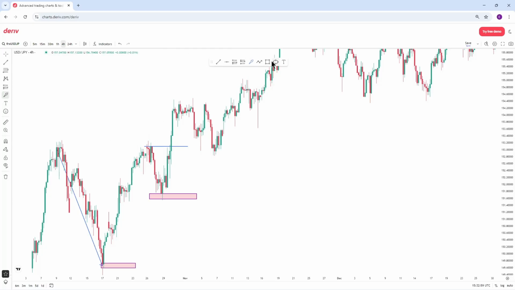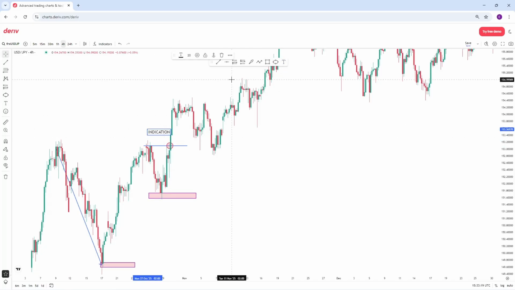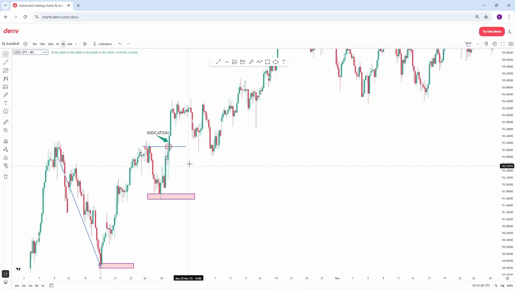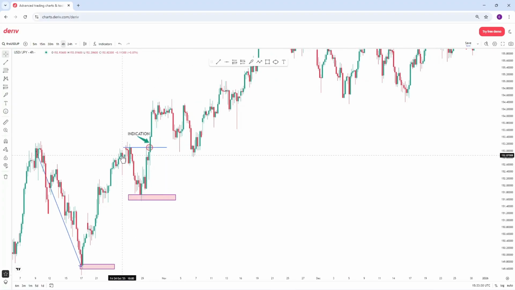So this is our indication. Indication right here. Let me just strip this out here. This is our indication, and the market broke the previous high.